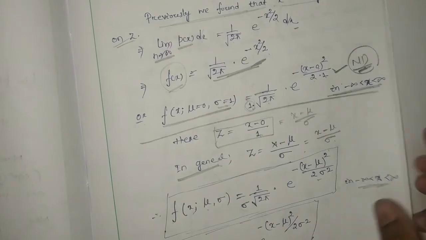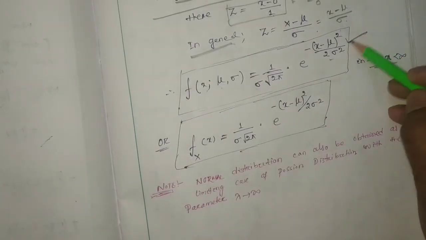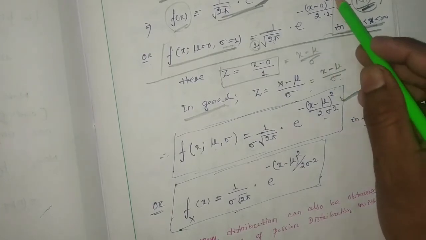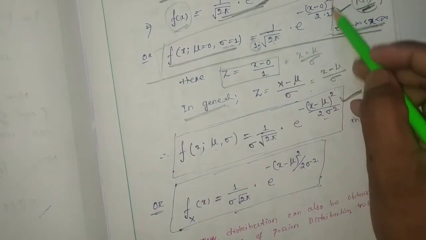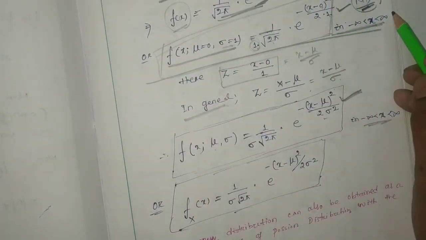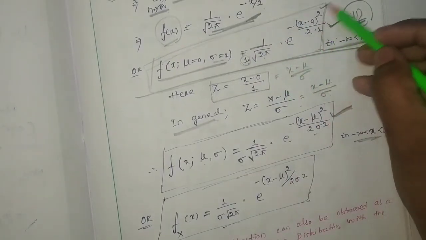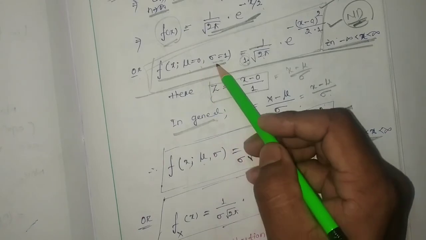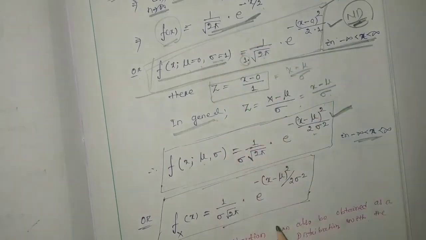So in general we modified this equation to this one, but this is your last expression. Up to this much you can write in your exam. So this is the normal distribution having mean 0 and standard deviation 1. In general we can write this one.